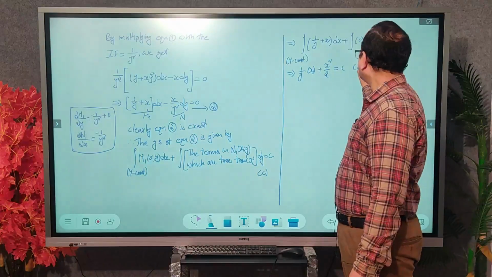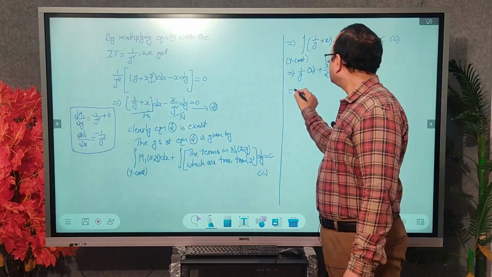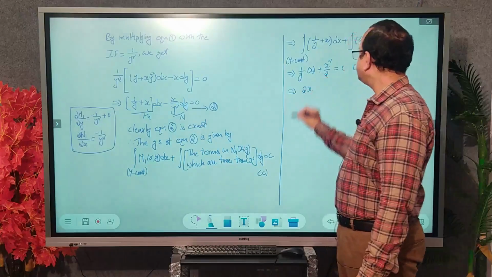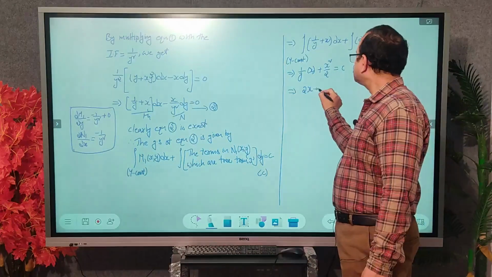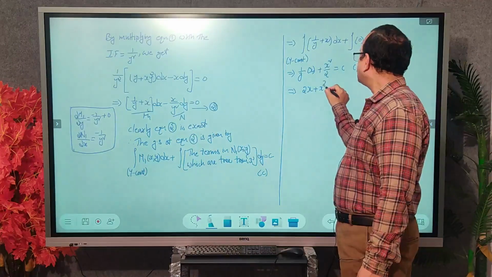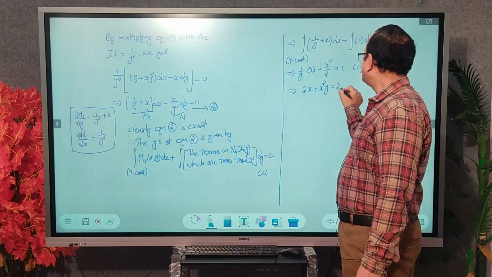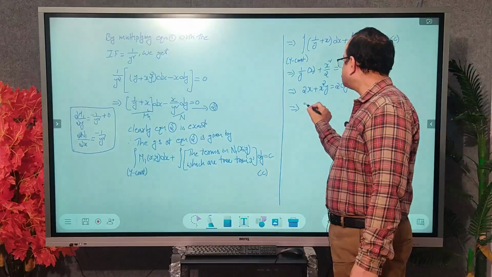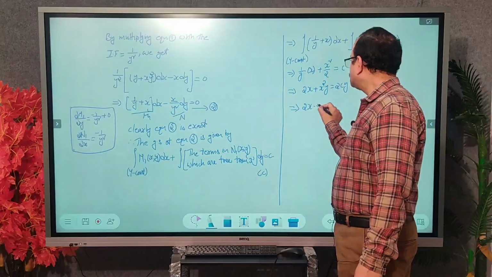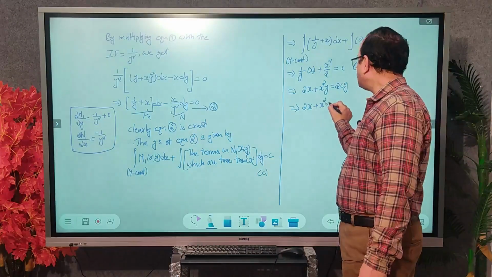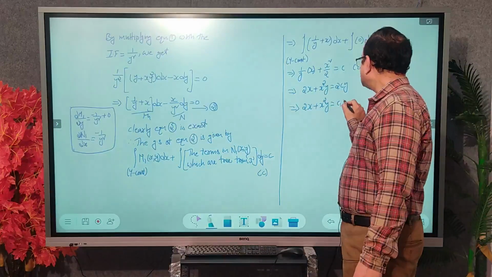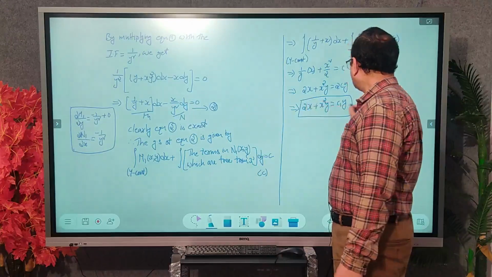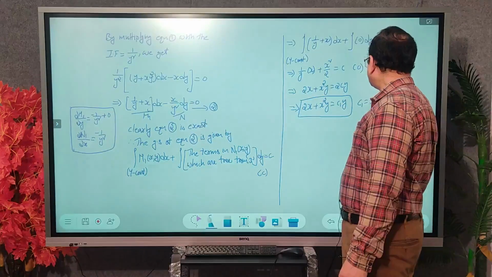Now if we simplify this, by taking 2y as LCM, we can write it as 2x plus x square y is equal to 2cy, or otherwise the 2c we can take as some c1, then we can write it as 2x plus x square y is equal to c1 y, where of course c1 is nothing but 2c.